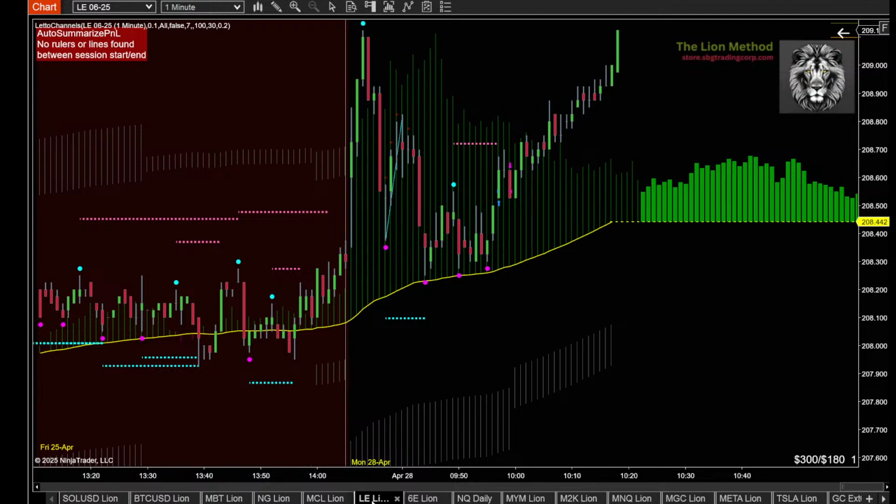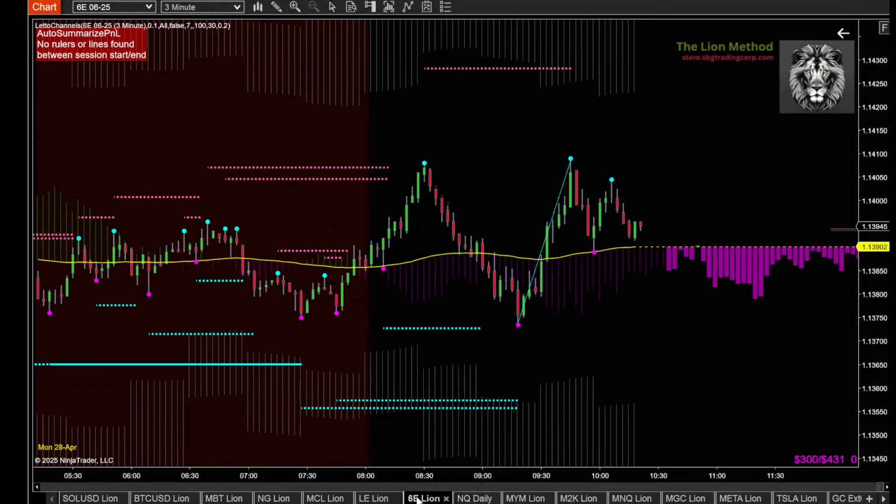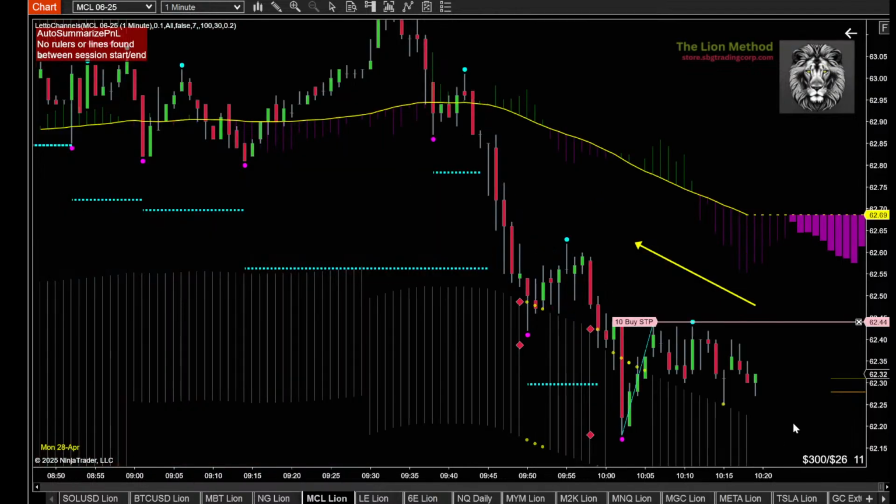Live cattle continues to move. Let's see here. MCL.